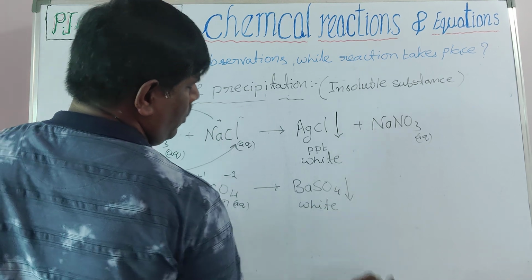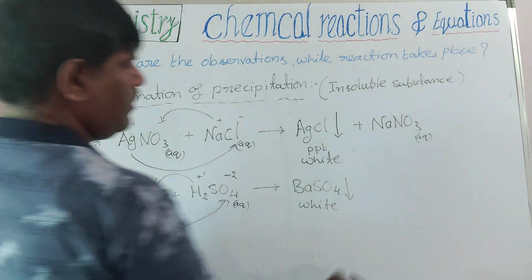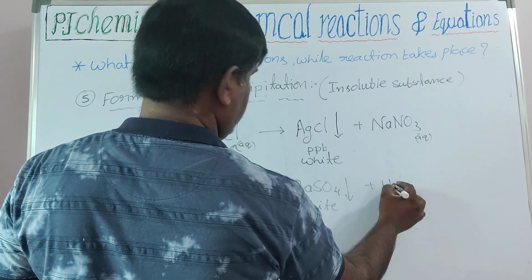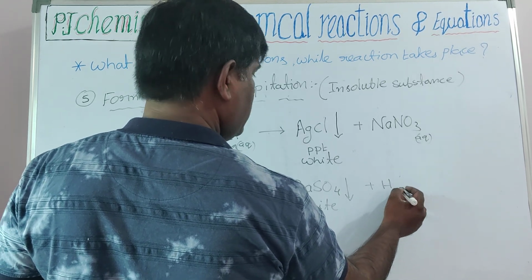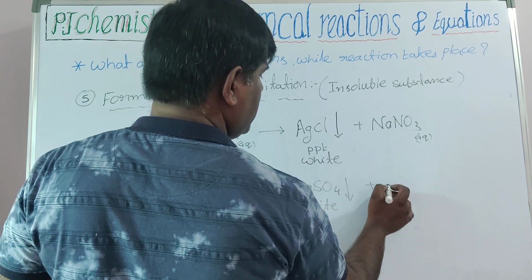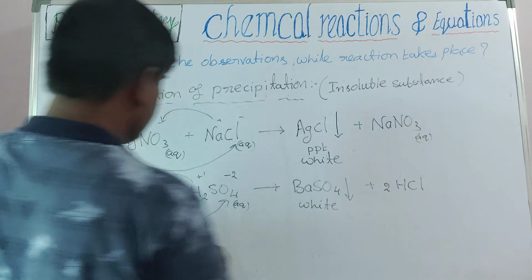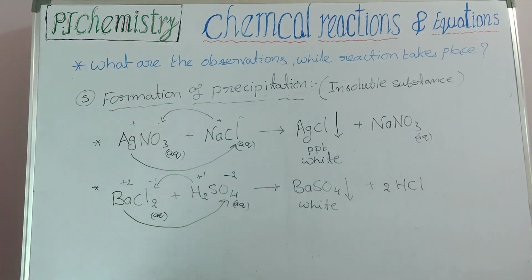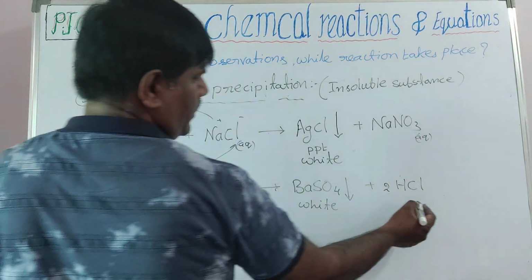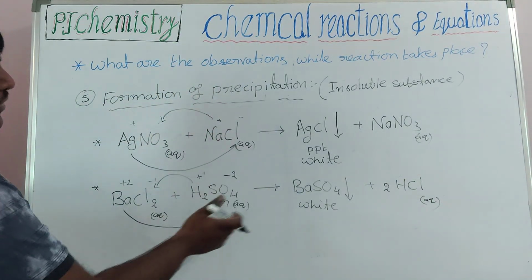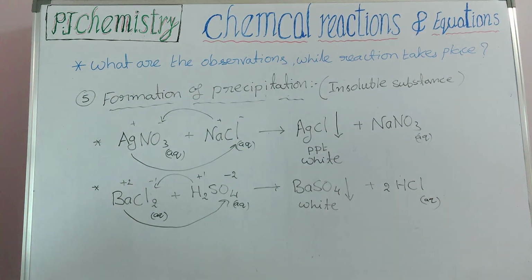It is also white color, white precipitate, plus 2 HCl. 2 hydrogens, 2 chlorines are there, so we get 2HCl in aqueous medium. If you take Na2SO4, NaCl will form.